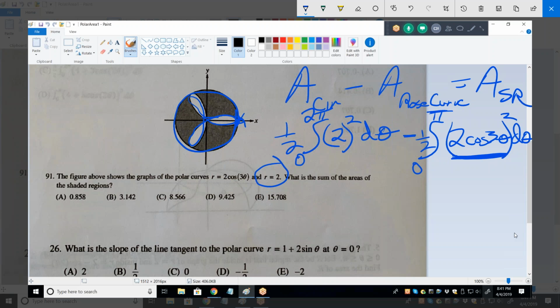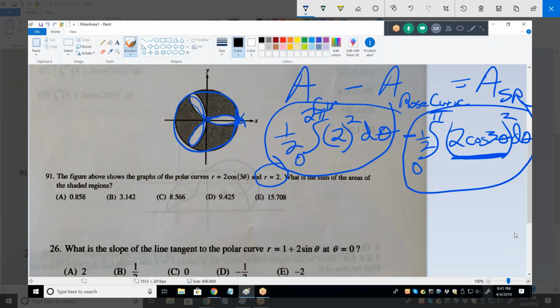So just remember that they get traced out twice when you go from 0 to 2 pi, as opposed to r equals 2, which has to go from 0 to 2 pi to complete a circle. Right. Okay. So you can do the first part easily enough without a calculator.